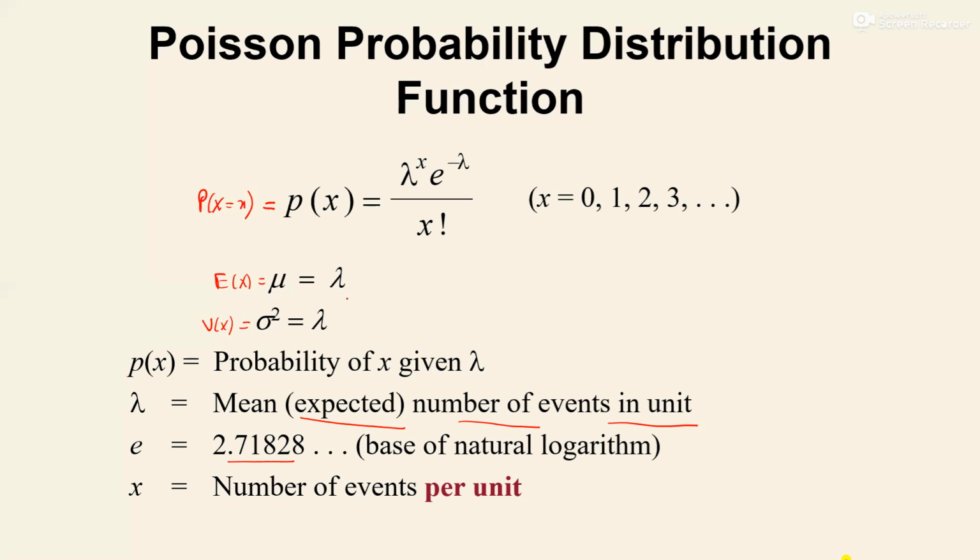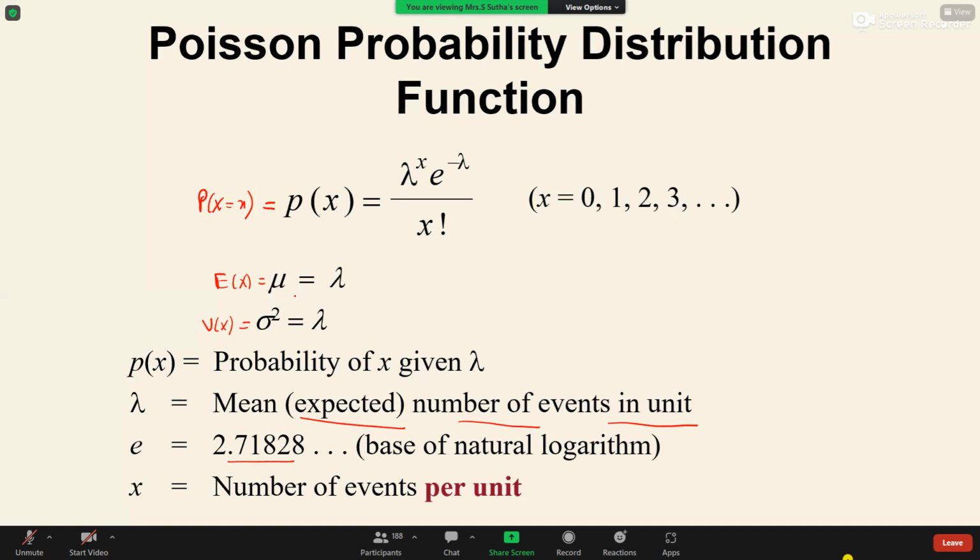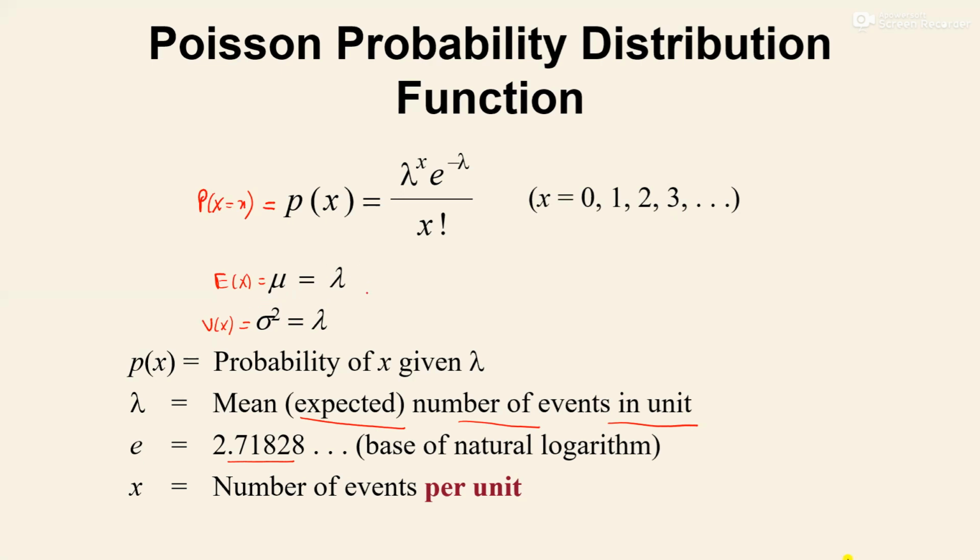Both cases. For the Poisson, expected value and variance are both defined by lambda. Lambda is the average number of events in the unit of interval, time, area, volume, or space. And probability is defined by this form.